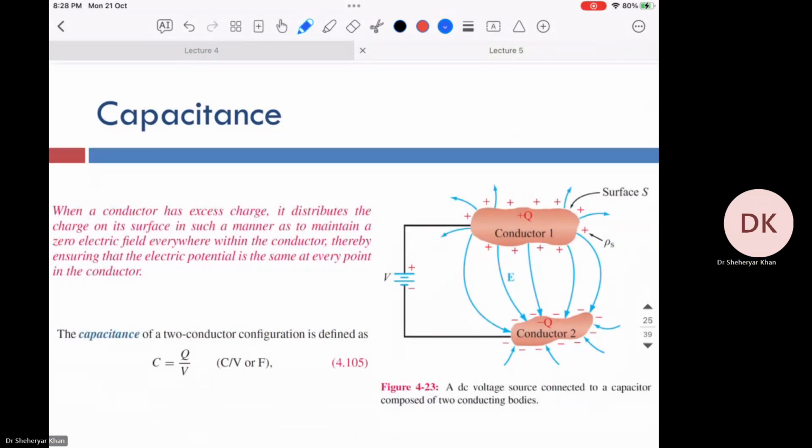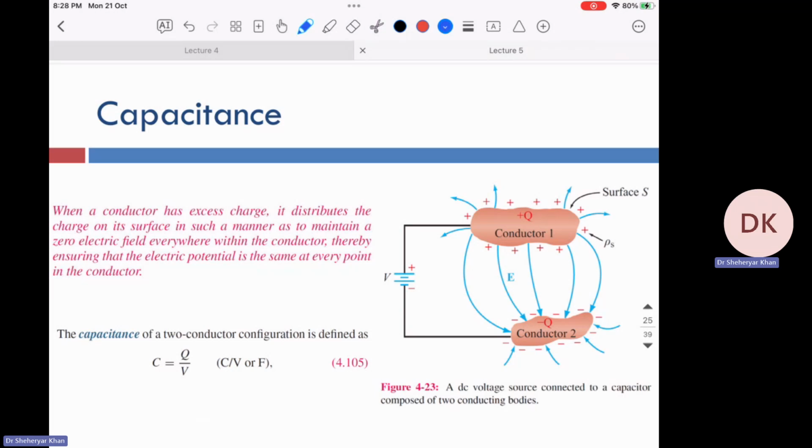Now, as we have learned, what's a capacitor? So when you have two plates or two terminals, right, and they are separated by some distance d. Now you can place air, you can place any other dielectric between them. You can place some material, maybe some paper, mica, glass, whatever.